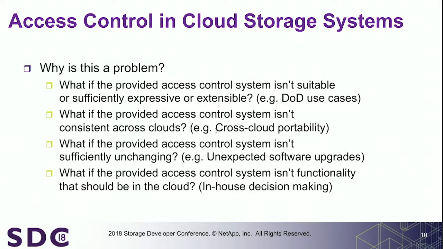Well, if I'm a customer and the cloud storage system isn't suitably or sufficiently expressive or extensible, it may be unsuitable for me. I either have to choose to do a whole bunch of additional development, i.e. put proxies in front, which may architecturally result in security trade-offs that may not be acceptable to me. Now, we've seen the DoD grappling with this. They want to go into the cloud.